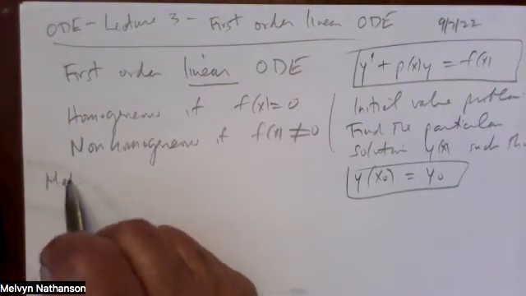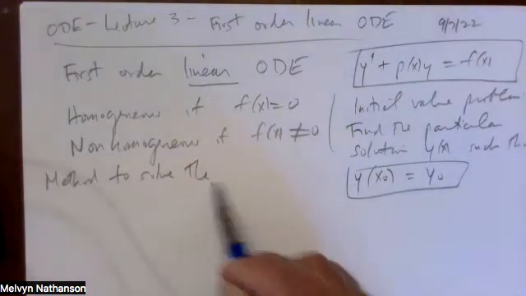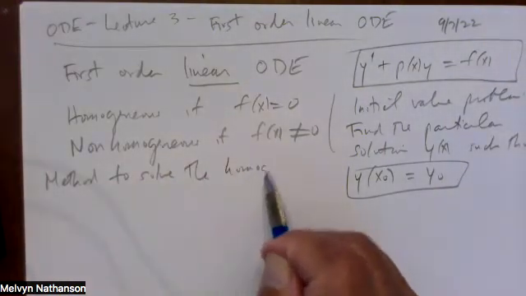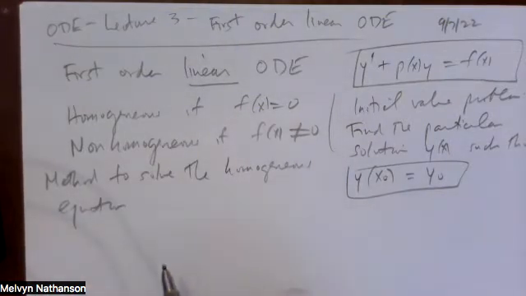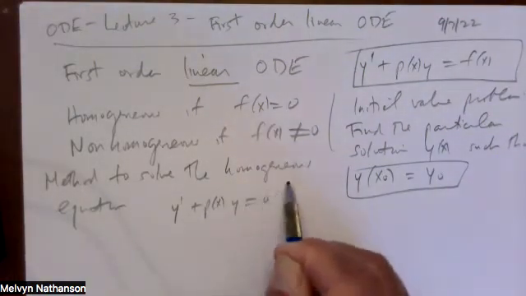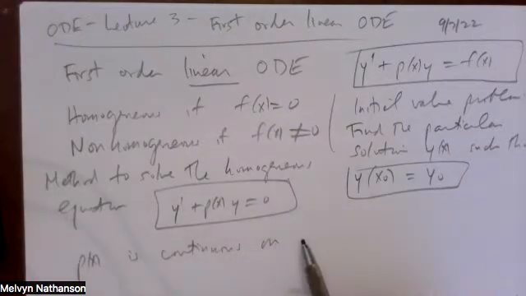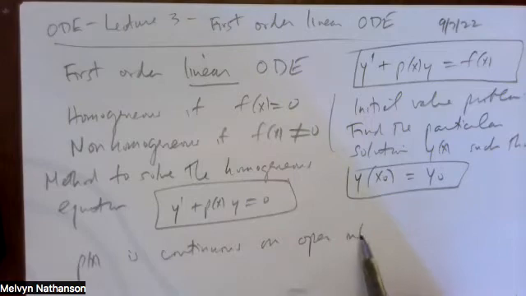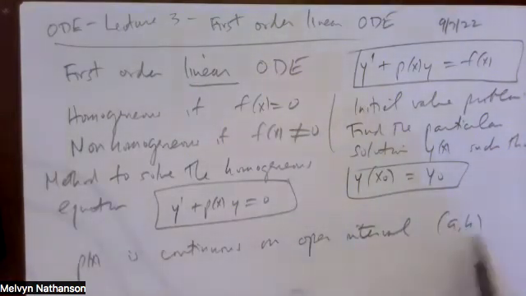So let me first describe the method to solve the homogeneous equation. The homogeneous equation is y prime plus p of x y equals 0, where the function p of x is continuous on some open interval from a to b.